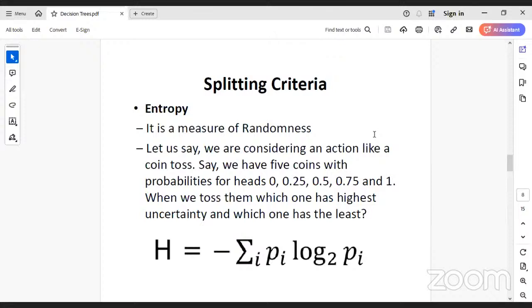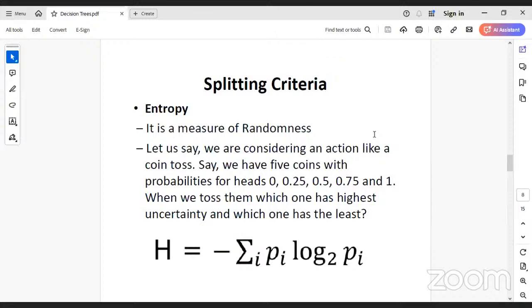That is the reason if we apply entropy, the formula is H equals minus sigma pi log pi to the base 2. This is a statistical formula, so don't panic about this. If you are not comfortable with it, please leave it, but keep a light knowledge of it, because tomorrow if someone asks you on what basis the data is split, can you give me any one criteria?